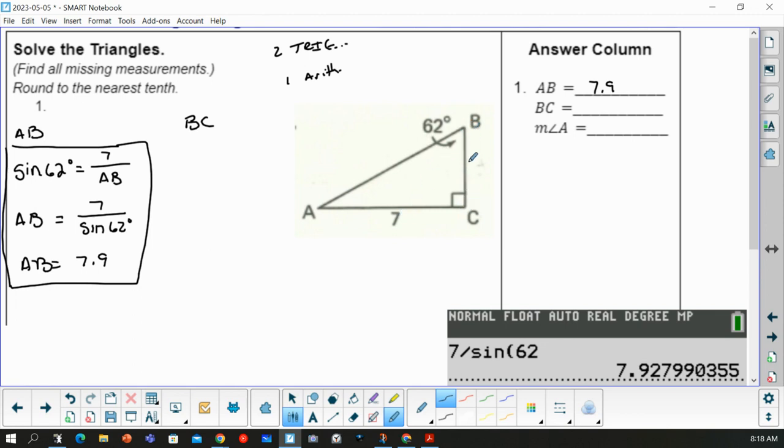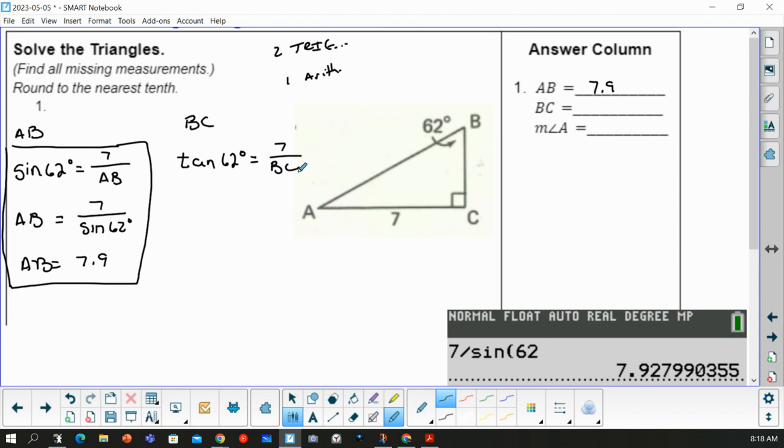So opposite and adjacent from the angle that's given. The trig function that uses the opposite and the adjacent is the tangent function. So that's what we're going to use. Tangent of 62 degrees equals the opposite, 7, over the adjacent, BC, my unknown for this problem.